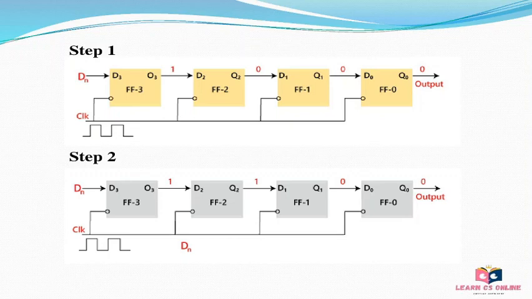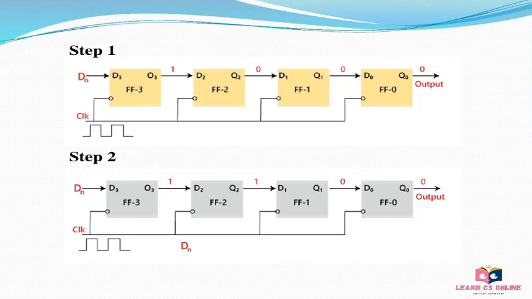The flip-flop F3 is set and the word is stored in the register at the first falling edge of the clock. Now the stored word is 1000.